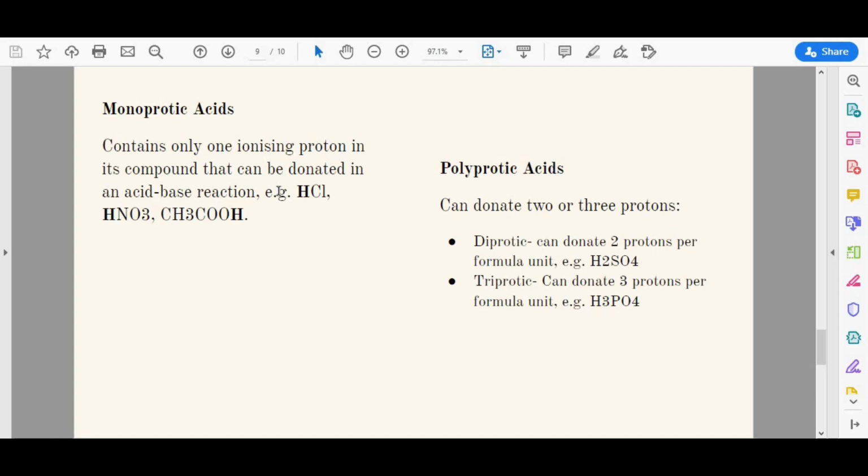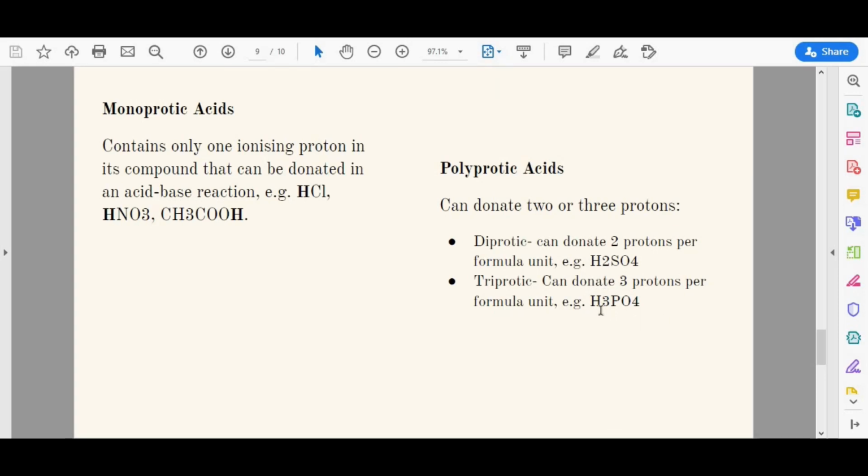And then we have triprotic acids. These acids can donate 3 protons, of course. If we have a look at phosphoric acid, which is H3PO4, it can donate more than 1 in this case. And we can tell from a non-formal view that in H2SO4 there are 2 hydrogen protons, and in phosphoric acid, H3PO4, we can see there are 3, so more can be given.